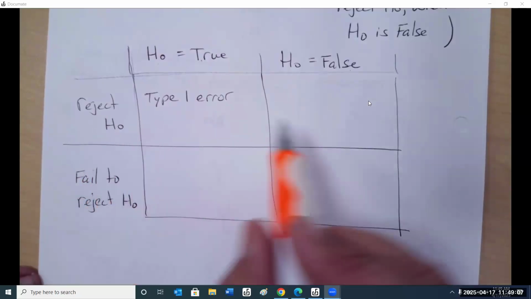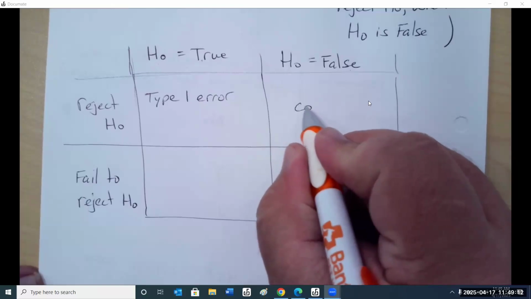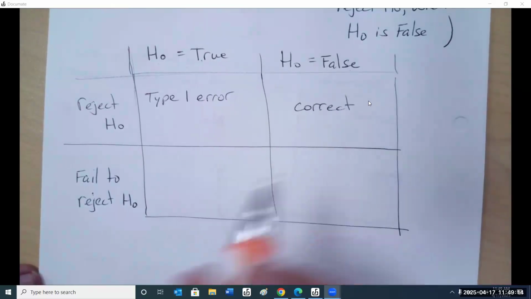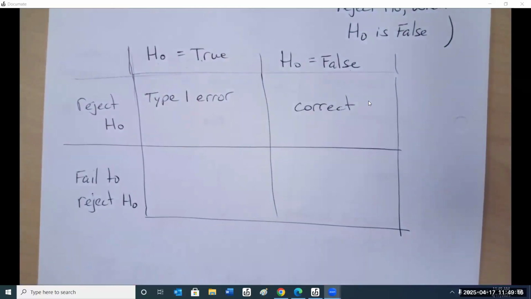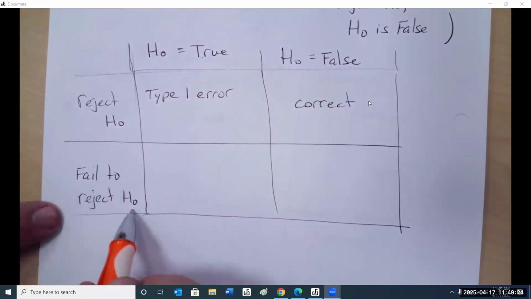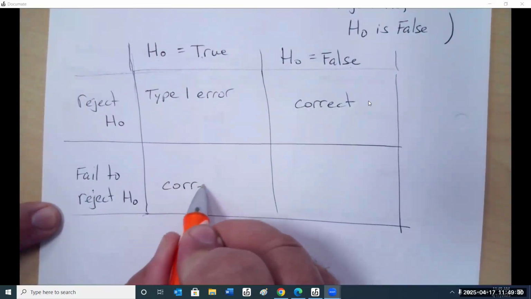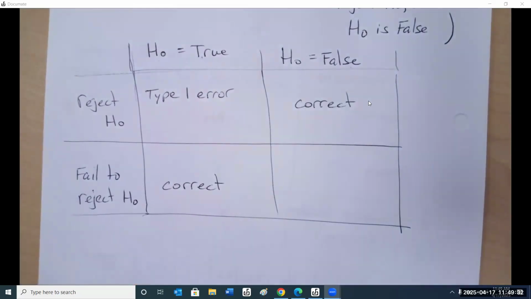You reject H0 when H0 is false. Well, that's what it's supposed to be. That's when you're supposed to reject it. If H0 is false, you're supposed to reject it. Okay? You fail to reject H0, and H0 is true. Well, that's what it's supposed to be.